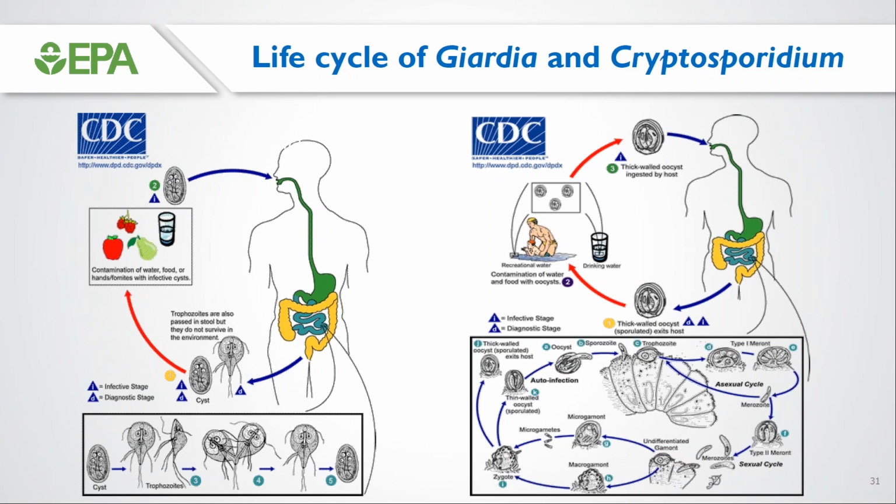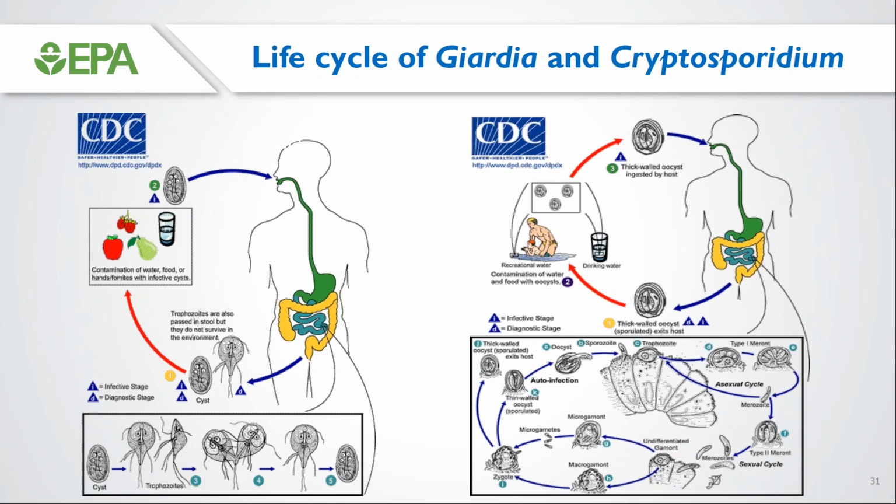On the next slide, I have a pictogram of the life cycle of Giardia and Cryptosporidium. What you can see from this slide is the very different and unique properties that these organisms have.